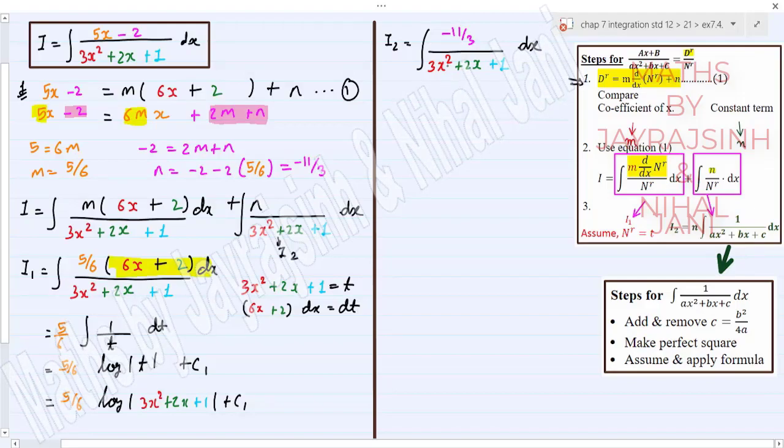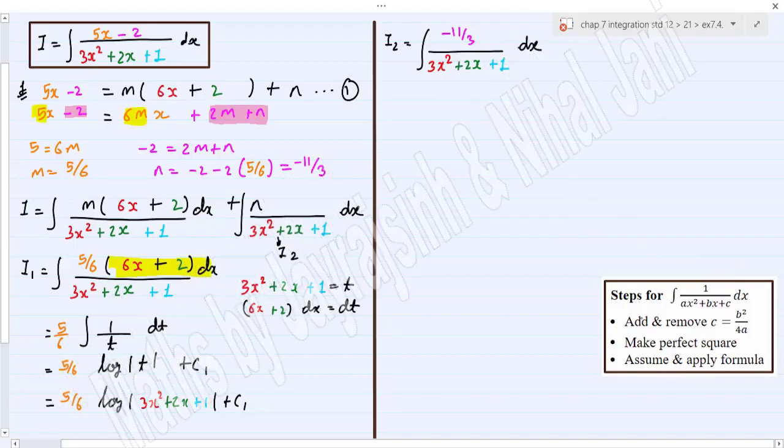We just have to integrate 1 upon 3x square plus 2x plus 1, which is in the form of ax square plus bx plus c. So we have to follow its steps. To get last term, we need coefficient of x square, which is 3, coefficient of x, which is 2.